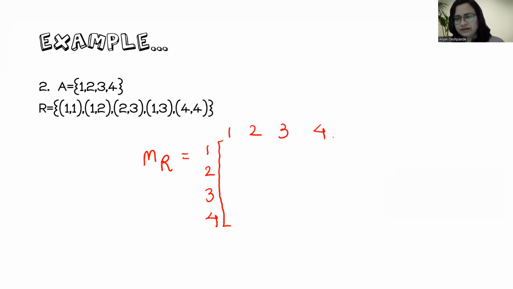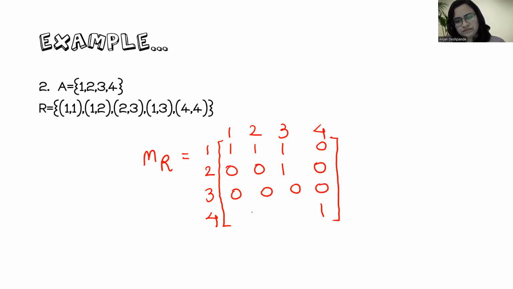Now I'll proceed in the same manner. So now 1, 1 is marked as 1. Same for 1, 2, 2, 3, 1, 3 and 4, 4. Rest all other entries will be marked as 0. This is the resultant relation matrix.